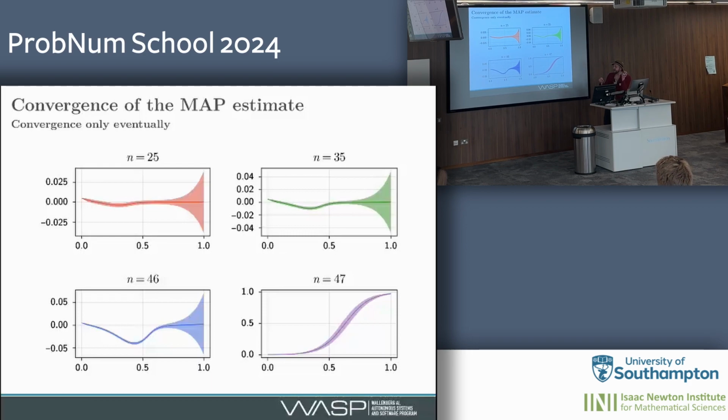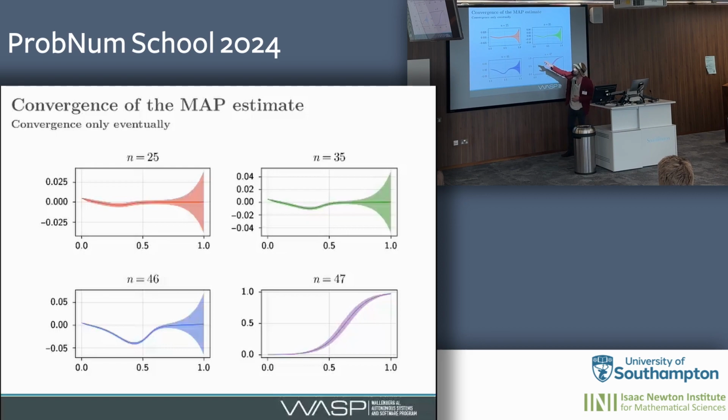So if the initial condition is 0, then the solution is 0 everywhere. And if it's almost 0, then the zero function is a very good interpolant of our ODE data. And because the MAP estimate corresponds to minimum norm interpolation, that just means that we get biased towards this.